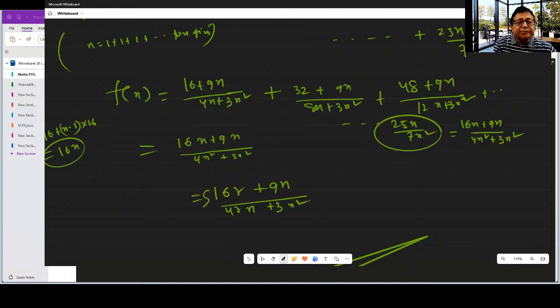So this is sigma r equal to J advanced, no? It will be a bit difficult. R equal to 1 to n. You just check one. Next step, I am keeping 1 by n outside.